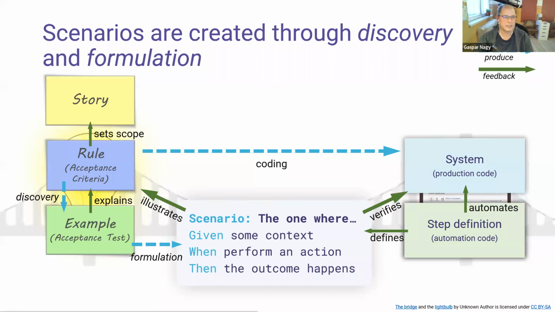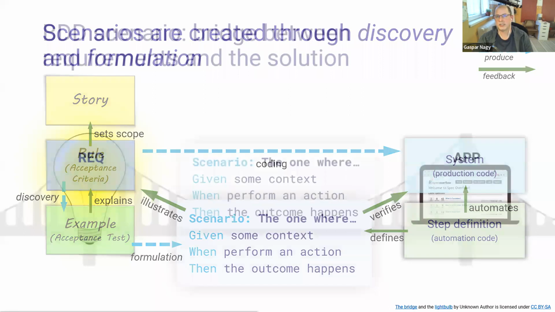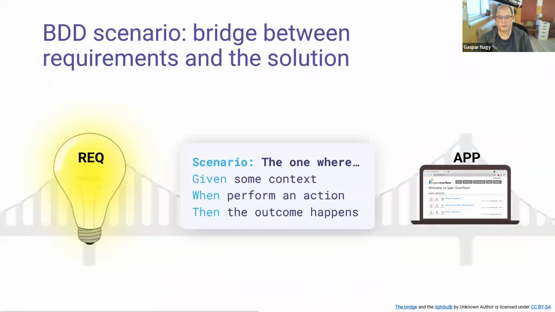So that was my super complex picture. I just have a simpler version of that where I removed all the things. I simply say that scenarios are verifying the application and validating whether the requirements are valid. So that's maybe something in a simple form, showing how this bridge metaphor would work.